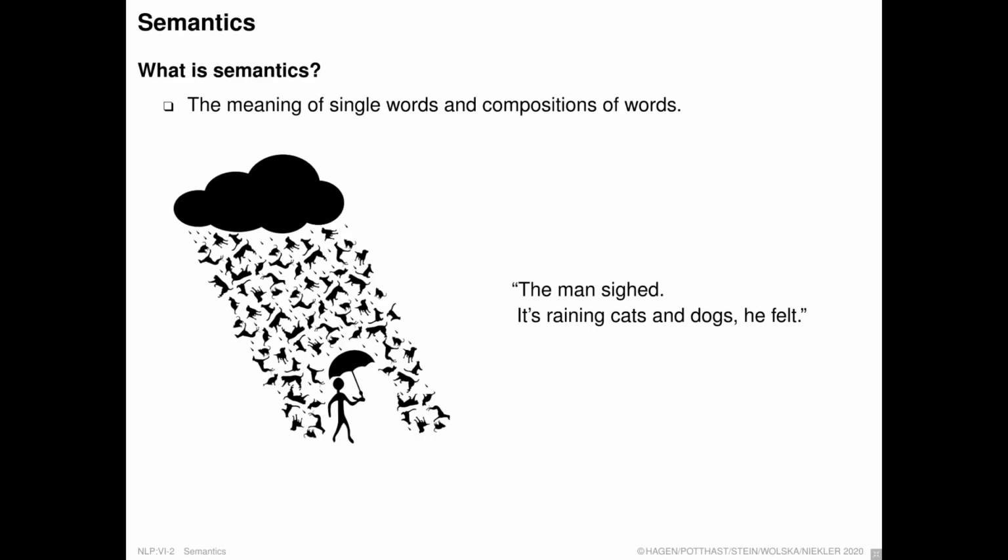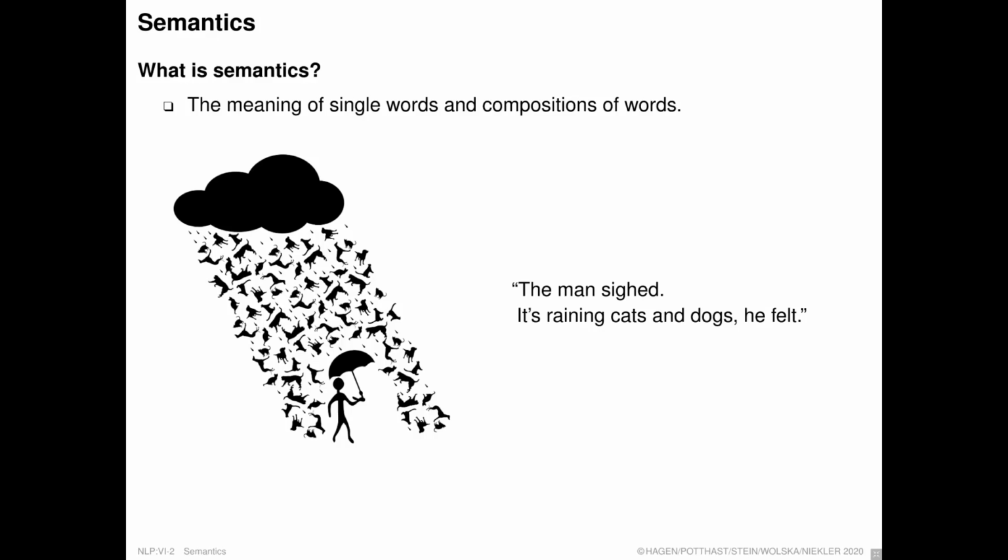And the question is how to, in general, derive meanings of sentences. How do we know what sentences mean, and how to derive meanings of phrases and sentences from their elements?